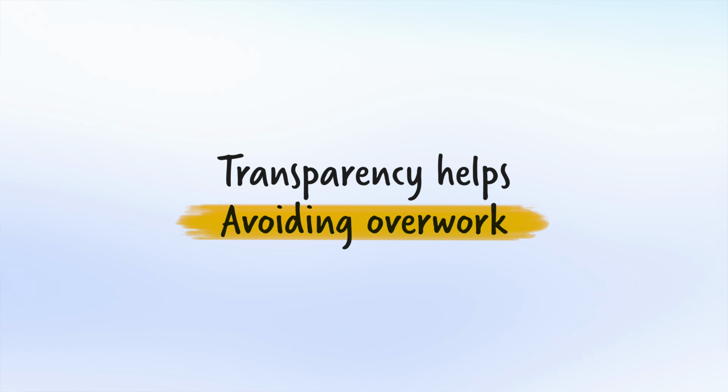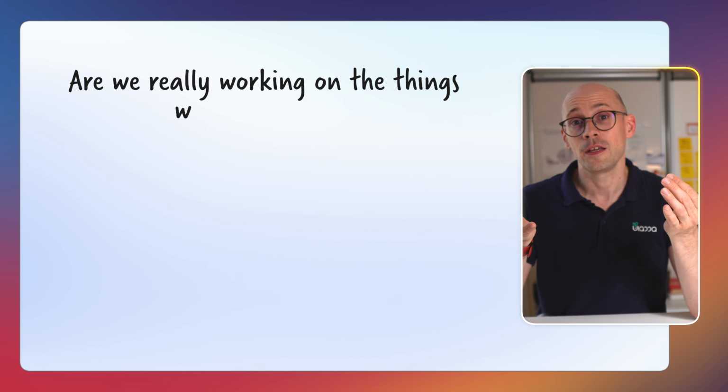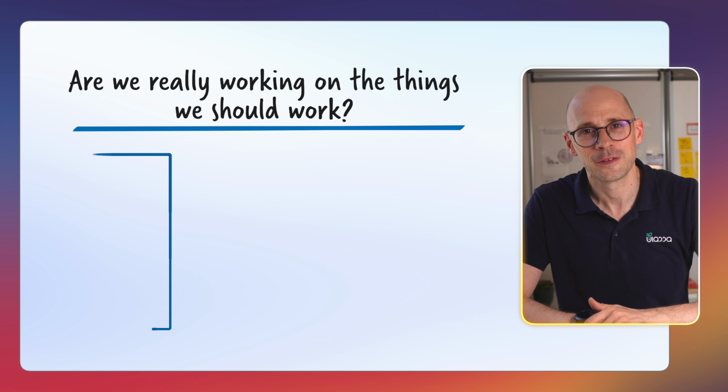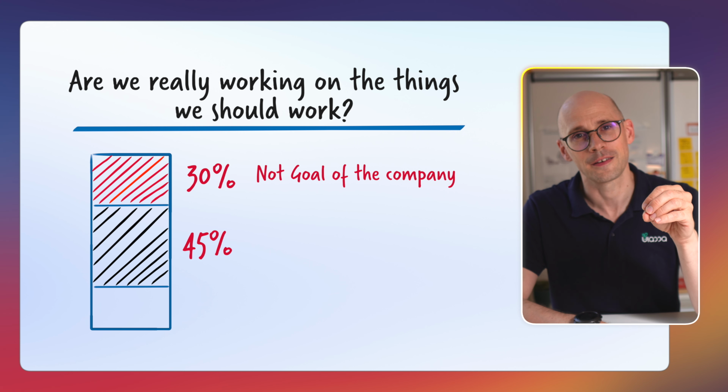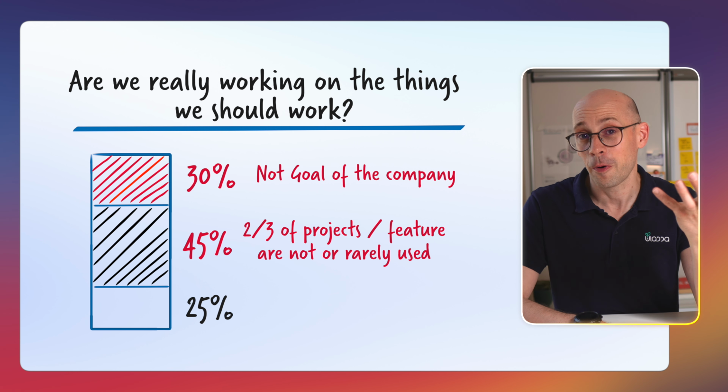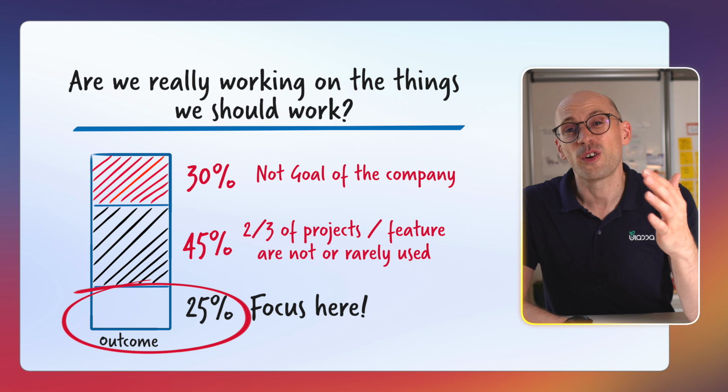Transparency also helps a lot with avoiding overwork, because it makes transparent whether we are really working on the things we should work on. According to one study from Scrum Inc., who go into companies, 75% of the work should not be done, because either the work is against the purpose or goals of the organization, or the end customers are rarely or not using those work products at all.